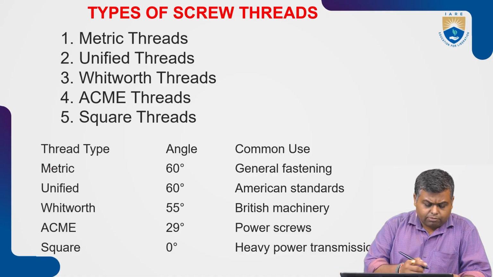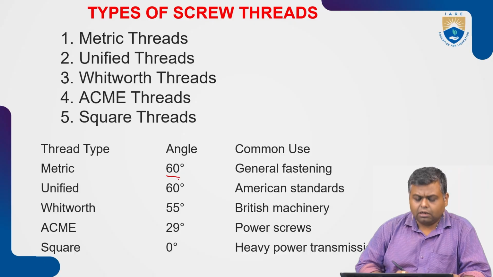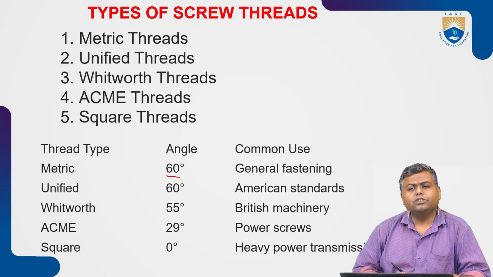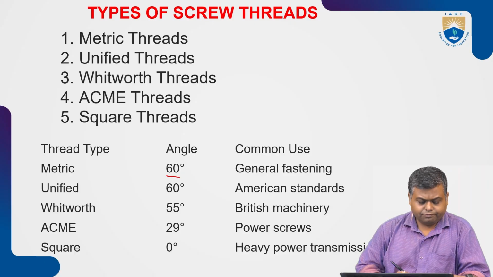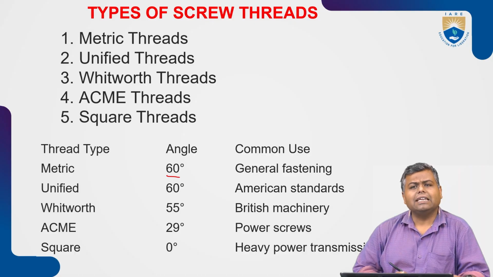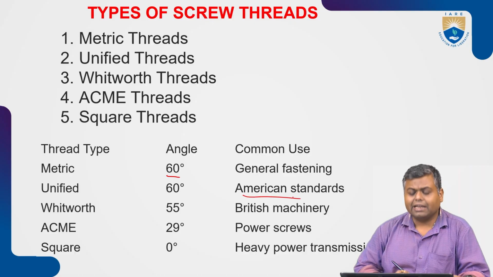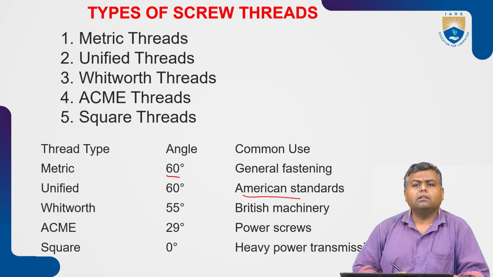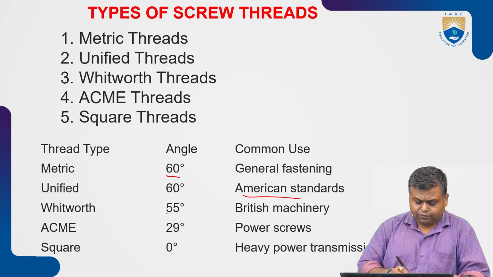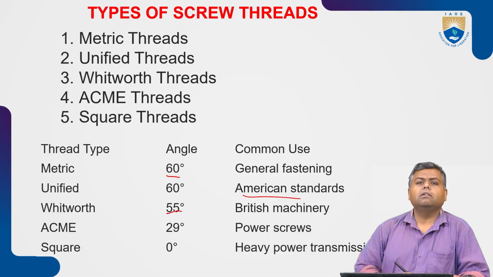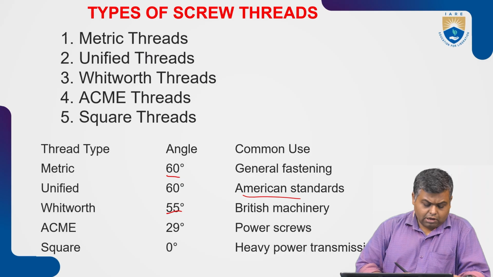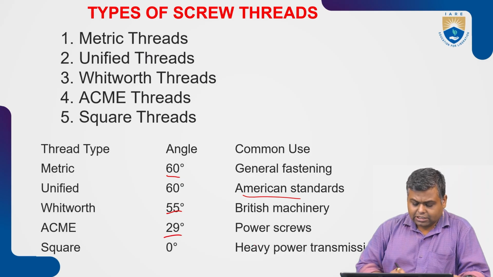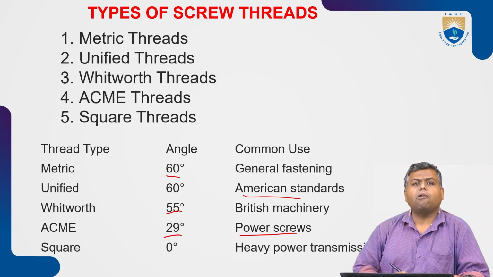Metric threads have a thread angle of 60 degrees and are used for general fastening. Unified threads are also 60 degrees, but follow American standards. Whitworth is British machinery with a thread angle of 55 degrees. Acme is 29 degrees, which is used for power screws.